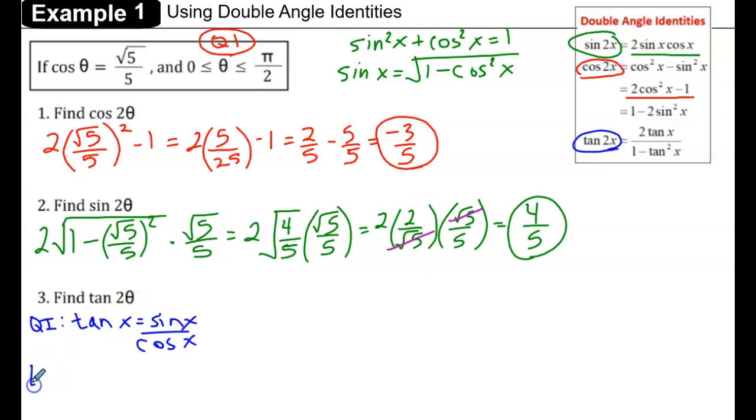So to find the tangent of theta, we're going to need to take the sine, which was 2 divided by the square root of 5, and we're going to divide that by the cosine, square root of 5 over 5. And remember, dividing fractions means to multiply by the reciprocal. So we're going to take the 2 over root 5 and multiply that times 5 over root 5, and that's going to be 10 over 5, which is 2.